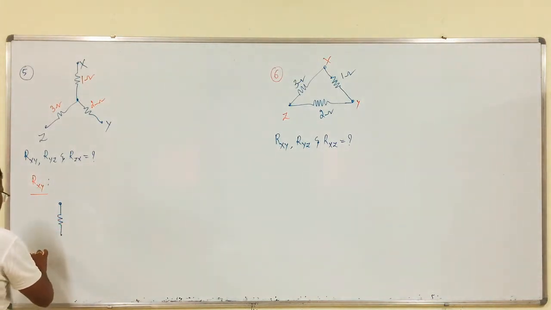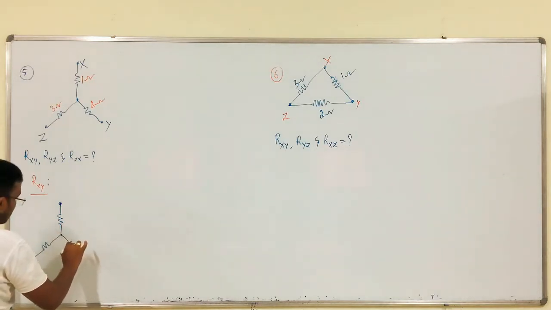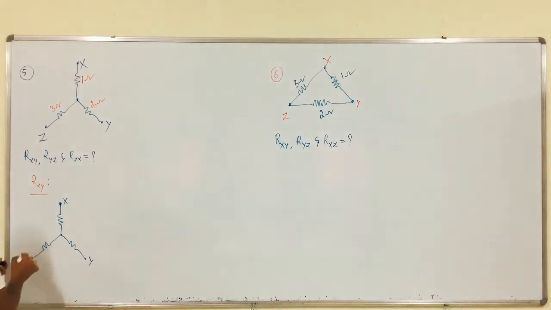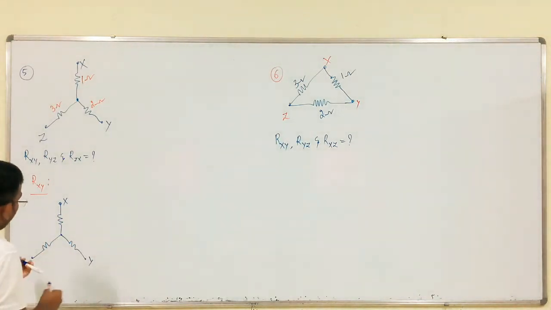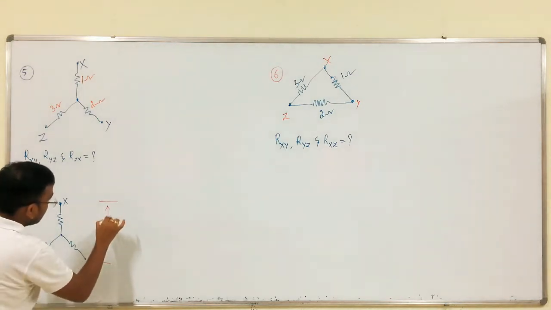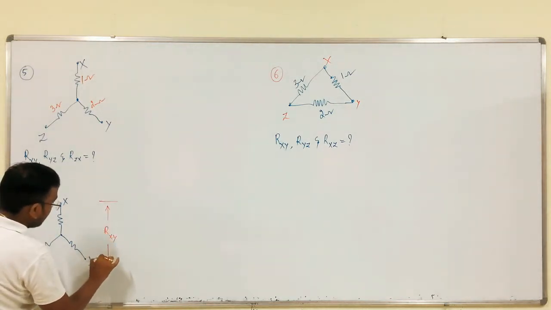See, we have one branch, we have another branch, we have this branch, right? This is x, this is y, this is z. So, we are going to calculate the resistance between these two, right? This is Rxy.